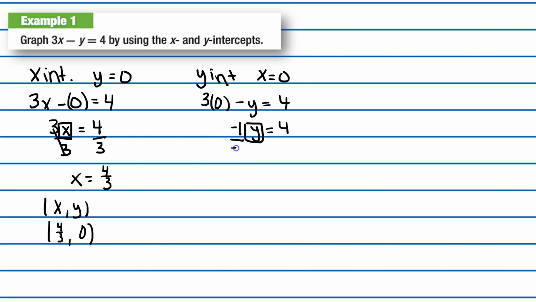Now you can see we need to divide by -1 to both sides. Y is equal to -4. So x is 0 as we said, y is -4, which is what we just found. These are our 2 points that we'll need to graph to help us see what this graph looks like.